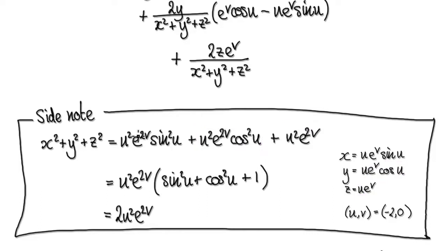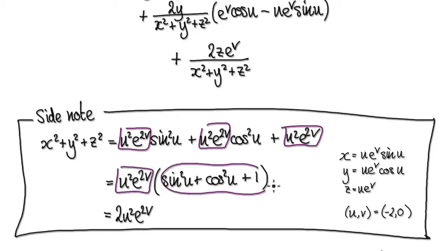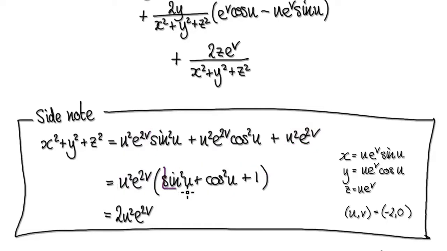And then notice that these are in common, so you can factor out u squared e to the power 2v. That will then give you this, and then this block here is just a number 1, so that becomes 2. This thing here will become 2.